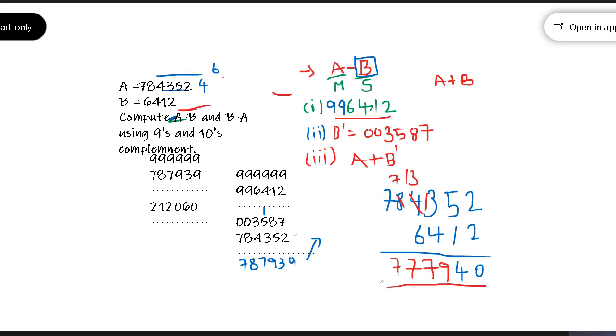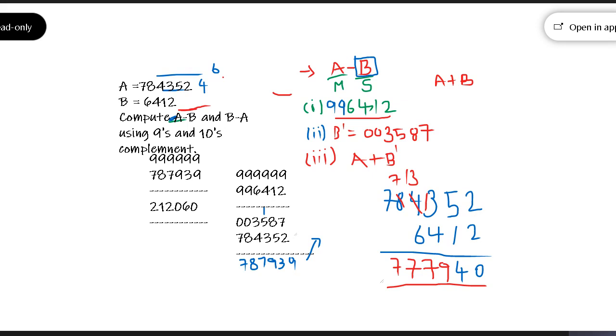No. No. Why? What is the mistake we have done? We should add 9. Sorry? We should add 9. Where? Left side of B. Sorry, can you tell me once again?